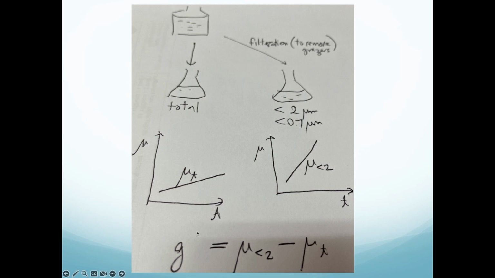Therefore, the difference between these two slopes gives you the grazing rate, where the mu for the less than 2 micron fraction minus the mu in the total will give you the grazing rate.